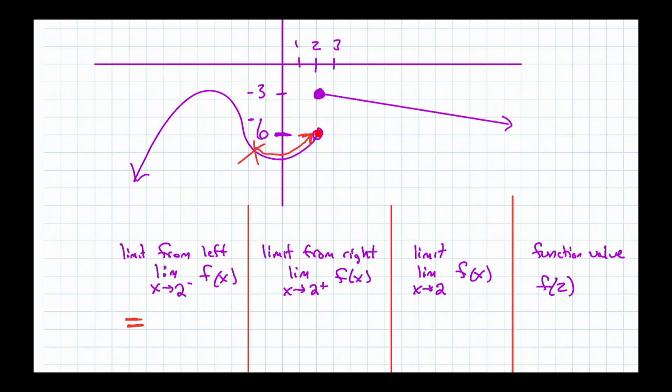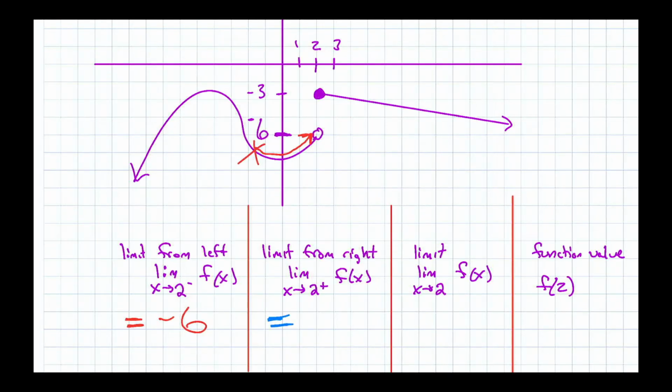So this is going to be your limit as x approaches 2 from the negative side. You end up right here, and the y value there is negative 6. So this answer is negative 6. That's what you get on the left. Now, on the right, we're going to be doing the same thing.